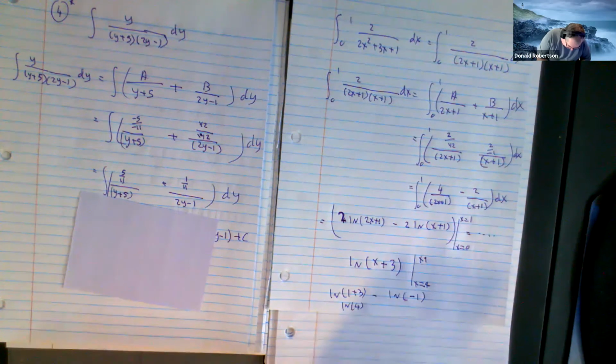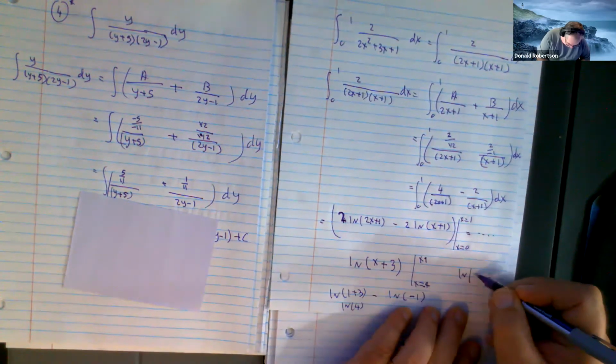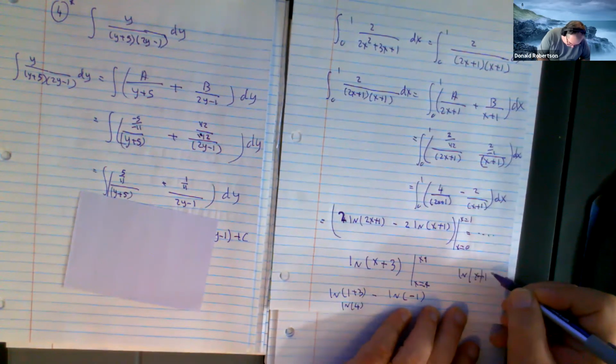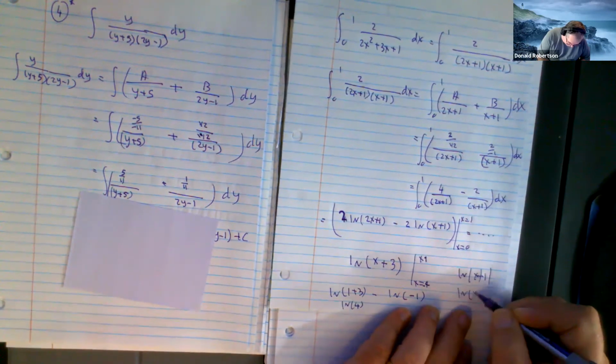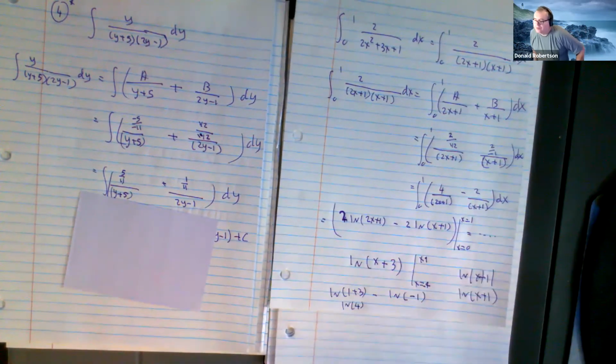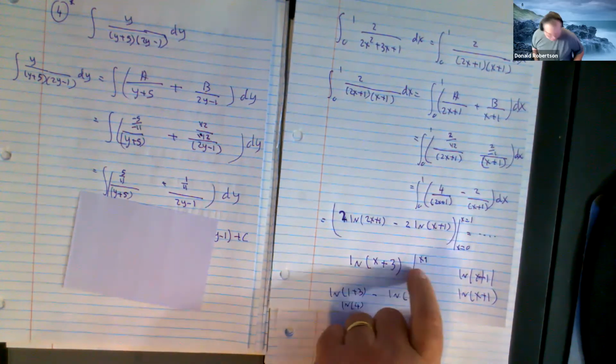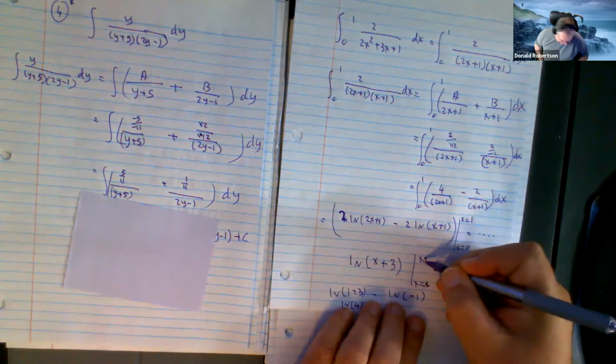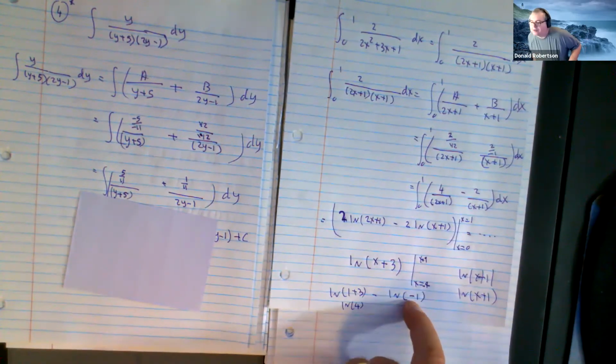Have you noticed that sometimes they tell you the answer with an absolute value, and sometimes we do it without the absolute value? Have you noticed we have that issue? The only time where the absolute value is necessary would be in a question where, when you're about to put the value in, the number inside the log becomes negative.